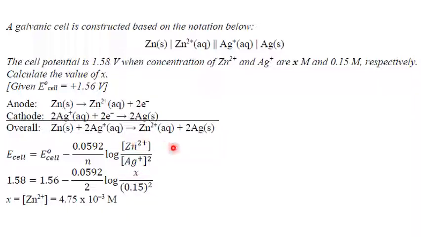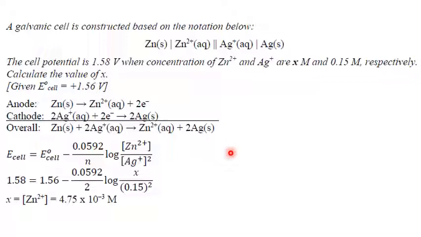So okay, let's summarize the steps for you all to solve this kind of problem. First, write out the anode equation, cathode equation, and then combine to get the overall equation. Then make sure that you get the value of E°cell by using E°cathode minus E°anode, and then make sure you get the value of n, which you can check from the equation: the number of electrons, and then the concentration of product and concentration of reactant.